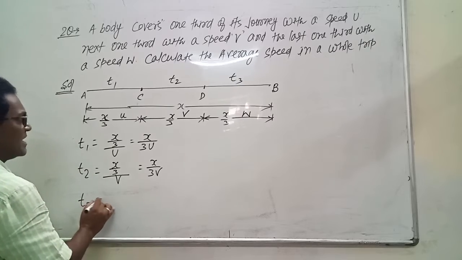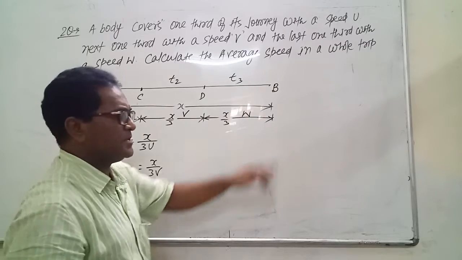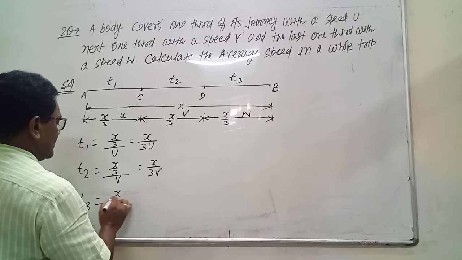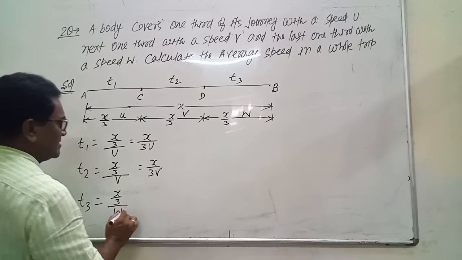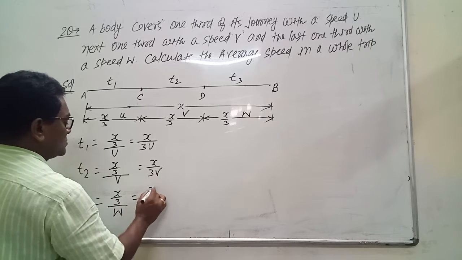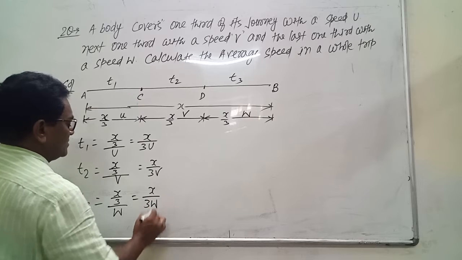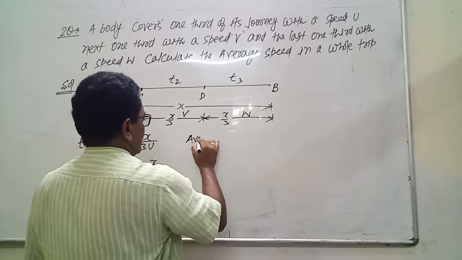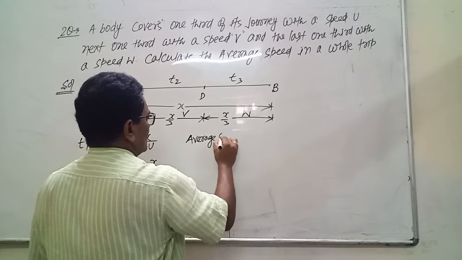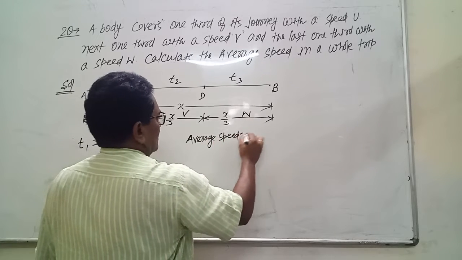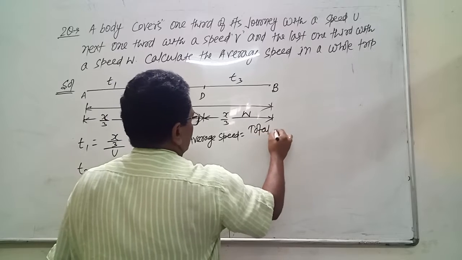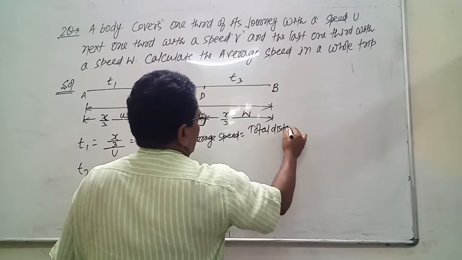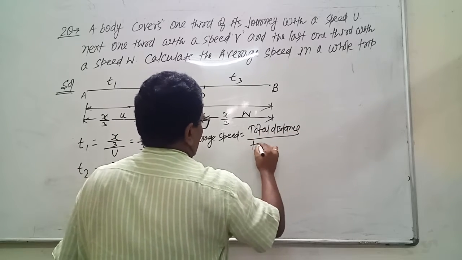And t3, time taken to cover the distance DB. Again distance x by 3 and the speed in this segment was w. So it becomes x by 3w. Now use the formula for average speed: total distance upon total time.